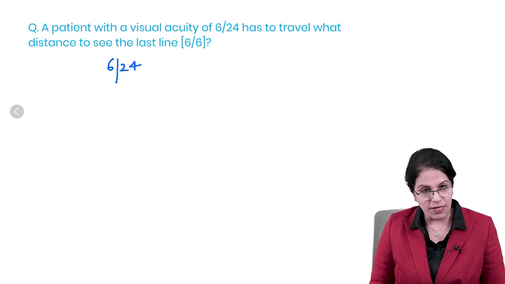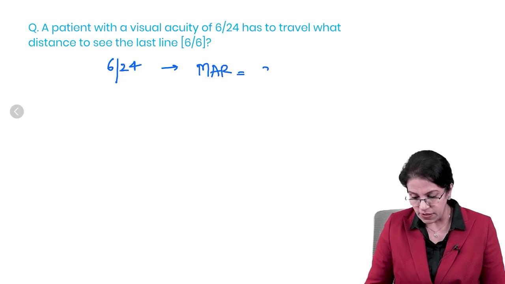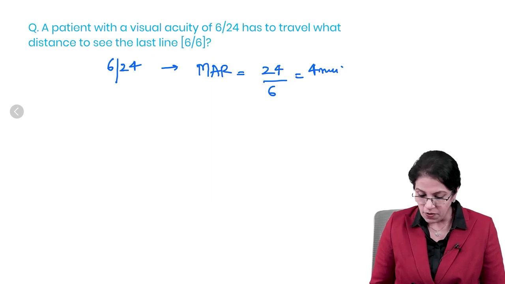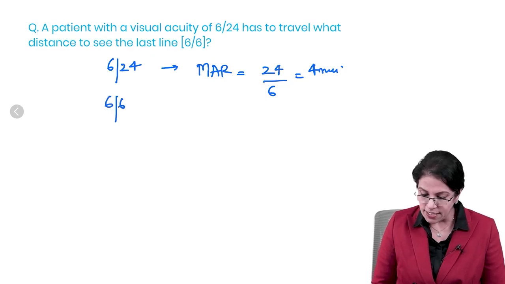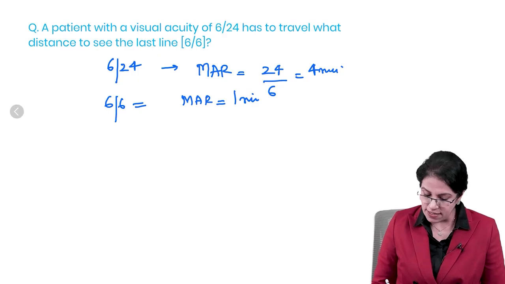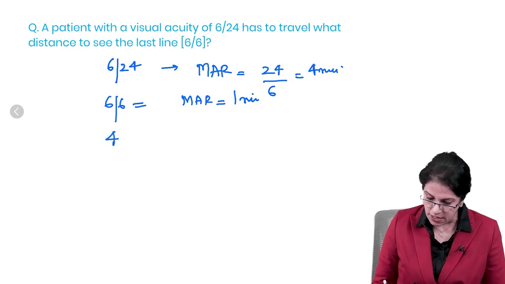So, when it is 6/24, I told you everything is based on minimum angle of resolution. What is the MAR? MAR is equal to 24. I told you, reverse the fraction. So, it becomes 4 minutes, right? And now we are saying he has to read the last line, 6/6. So, we know that here the MAR is going to be equal to 1 minute. Now, let's take it like this. If there is a 4-minute MAR, then he is reading this at 6 meter distance.